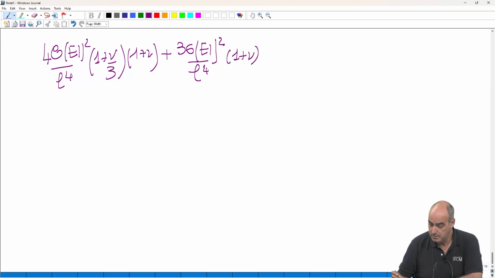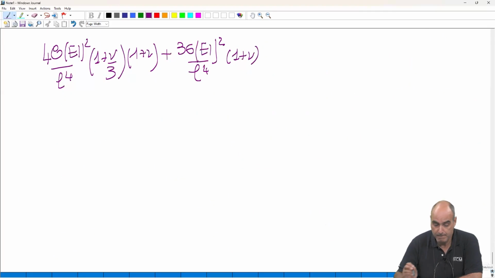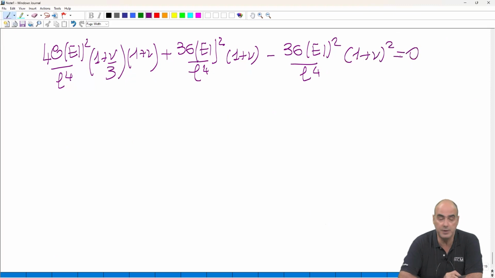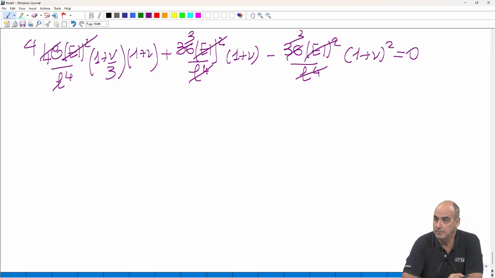Am I right? Yes. Minus 36 EJ squared over L4, (1 plus n) squared, equal to 0. But you see, L over 4, surely non-zero, you can simplify. EJ squared, simplify. And then there is a common factor 12 that you can simplify as well.